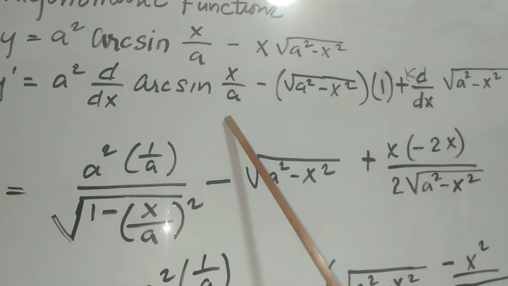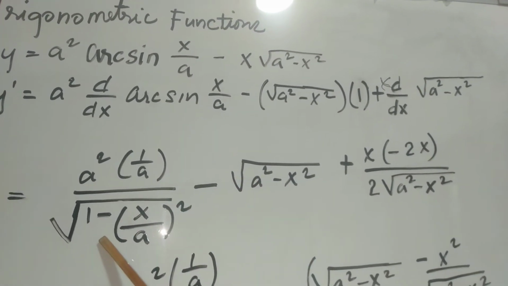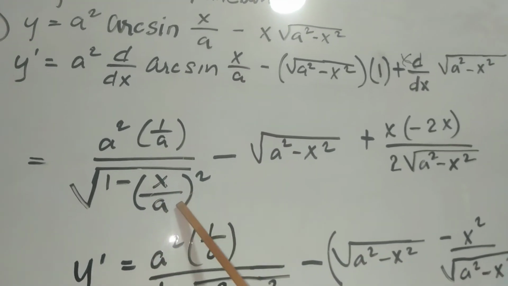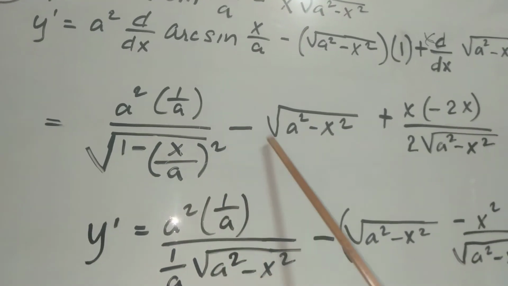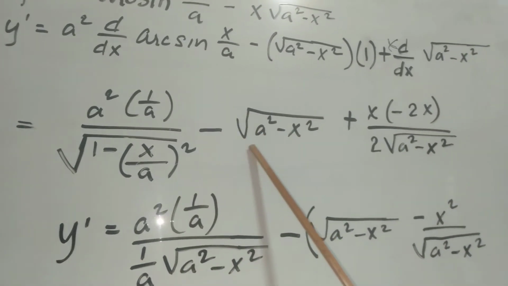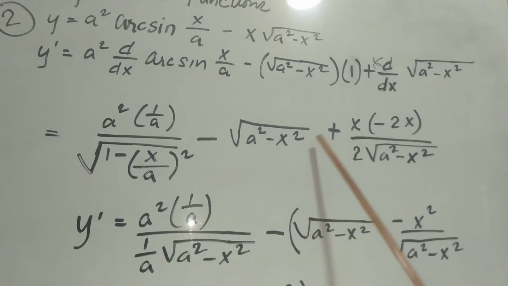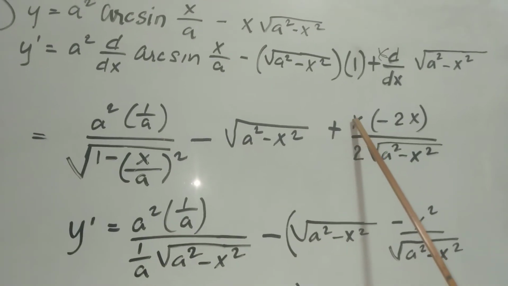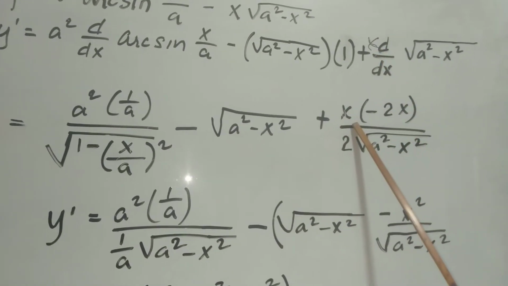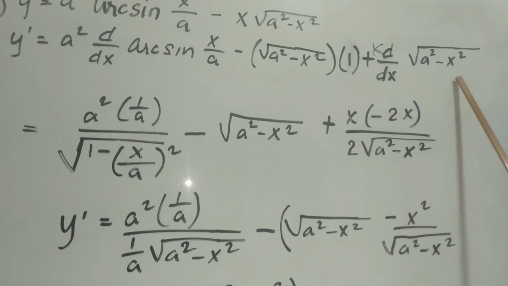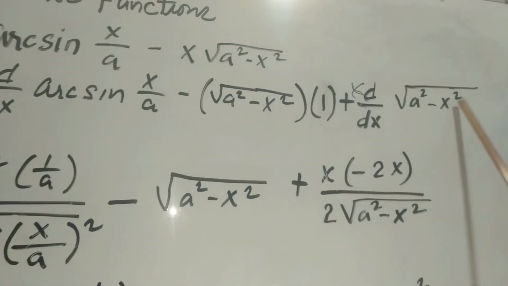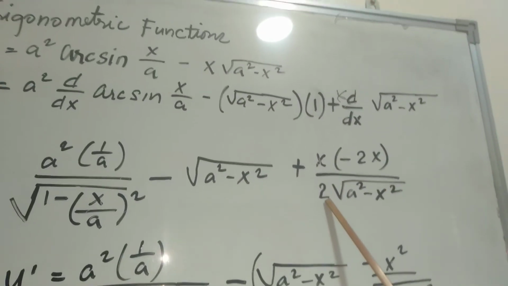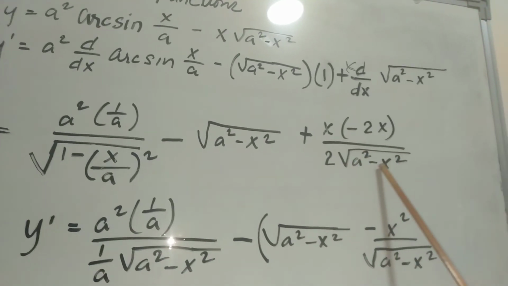So the derivative of arcsin is 1 over the square root of 1 minus u squared, but our u is x over a, so we square x over a, 1 minus the square, minus the square root of a squared minus x squared, plus, since this is x, and the derivative of this negative x squared is negative 2x over 2 times the square root of a squared minus x squared.